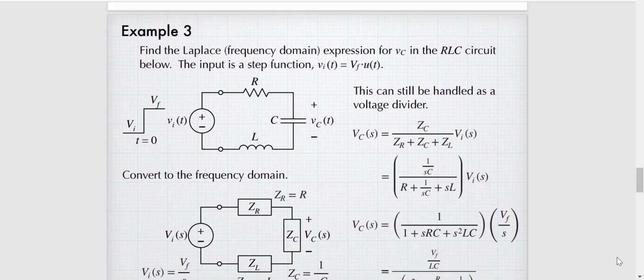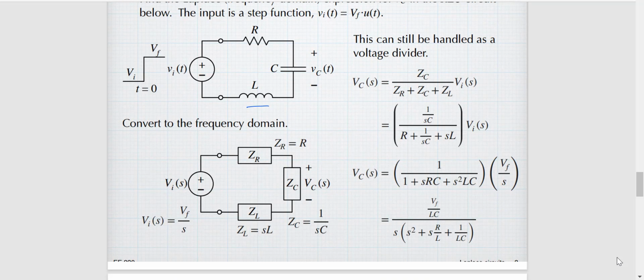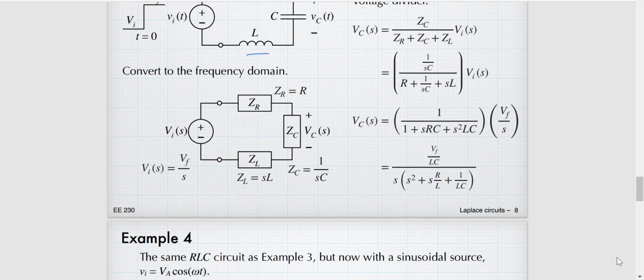And then this is the example 3. Find this one, unit step, but we put another passive component, it's like an inductor here, L. So similar method, we convert to the S domain. Vi is unit step become Vf per s, and Zr is R, Zc is 1 per sC, and Zl, the inductor impedance, is sL.